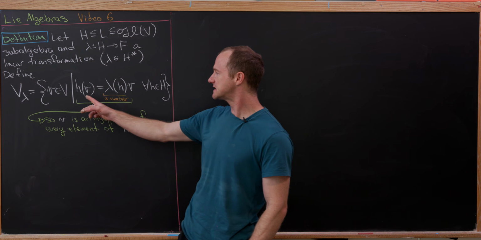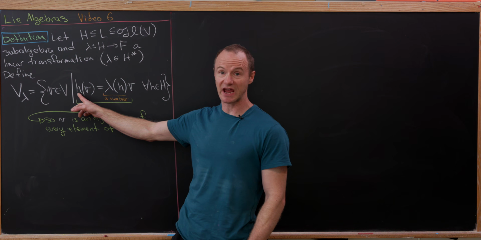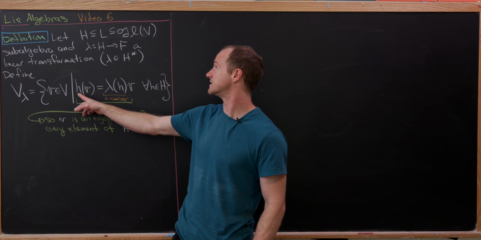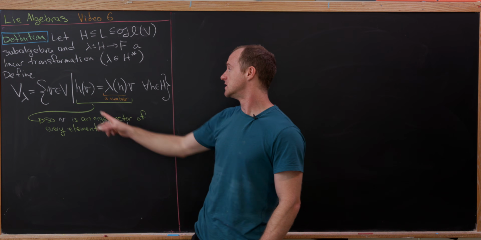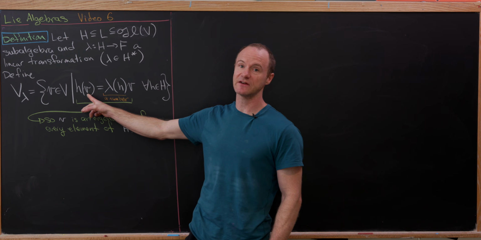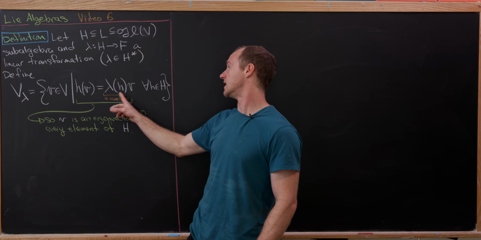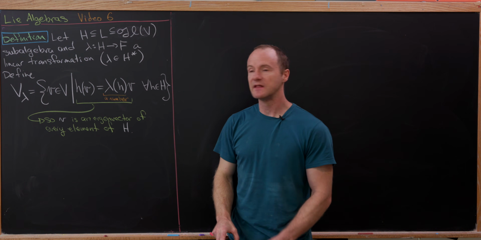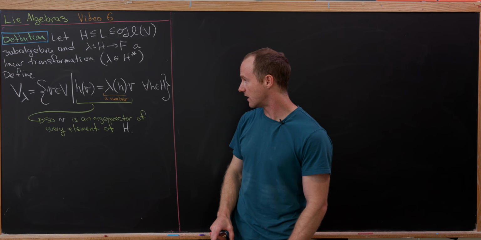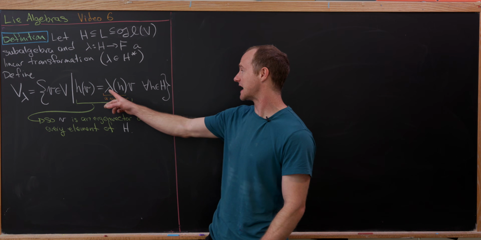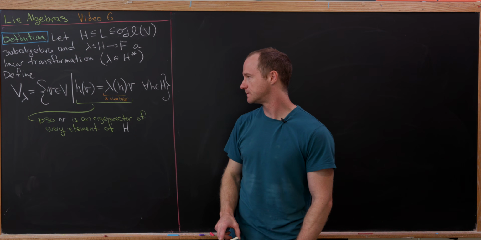So notice that anytime you've got a linear transformation, which h is, a linear transformation from V to V, given that H is a subalgebra of gl(V). So we've got a linear transformation hitting a vector v, and then we get a number times the vector v. That makes this vector v an eigenvector of h, and it's got eigenvalue lambda(h).